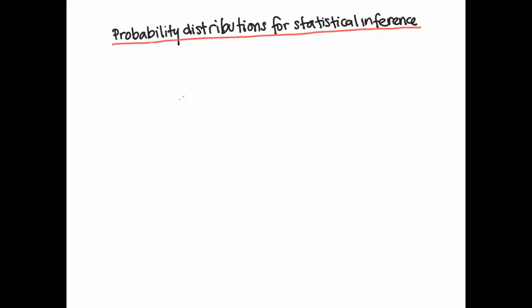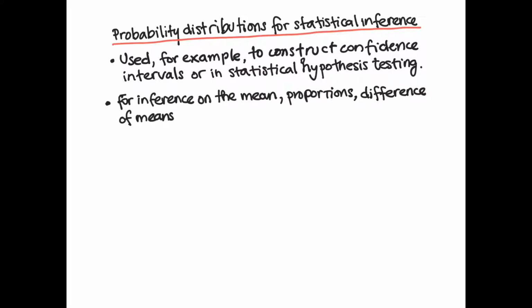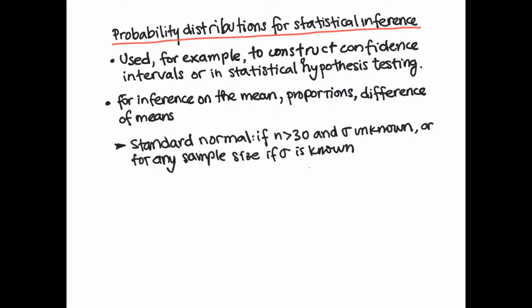So let's talk about the probability distributions for statistical inference. These are used, for example, to construct confidence intervals, like the example we showed, or in another application of inference called statistical hypothesis testing. If we want to study inference on the mean of a population, on proportions, or on the difference of means, we will use the standard normal distribution if we have a large sample and the standard deviation of the population is unknown, or for a sample of any size if sigma is known.